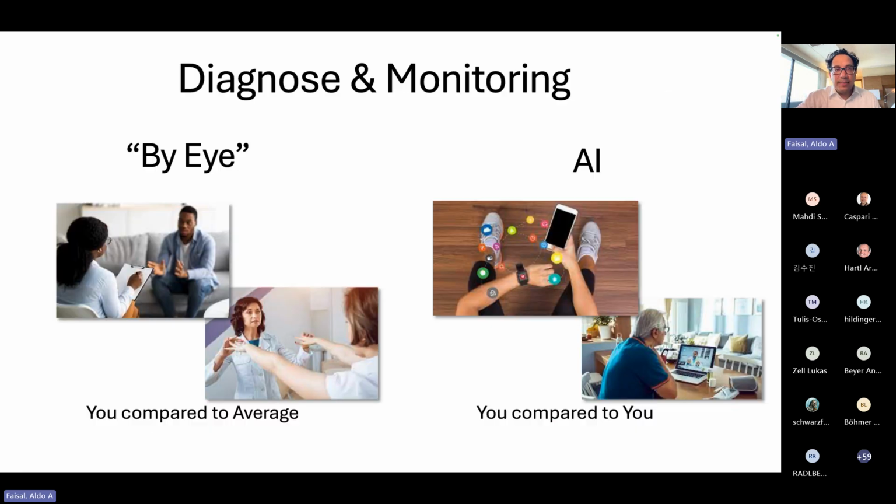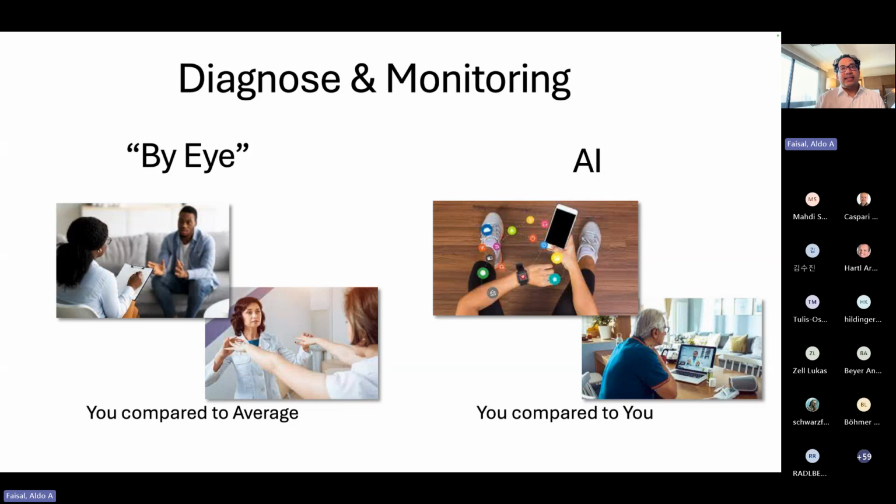And so I want to give you an example from neurology, where we've been working on for many years, and where you're having a lot of diagnostics and monitoring in neurological cases that are done through human observation. That's also true for mental health and psychiatry. You interact and you observe by eye how a patient is doing. You're assessing how good a physiotherapy rehabilitates a stroke patient, how severe Parkinson's is, mostly by visual observation.